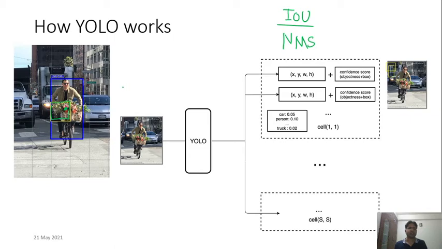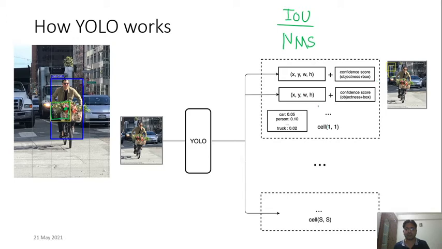So how will this NMS look? You have this image, it will be fed to YOLO, and then for every cell, it will produce this many outputs: the x, y, w, h values. Then it will give the confidence score of this particular box, right?